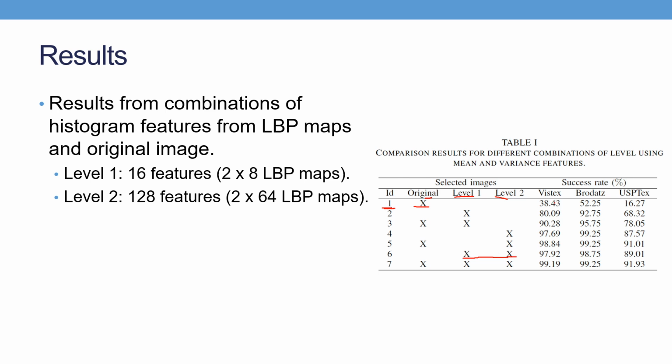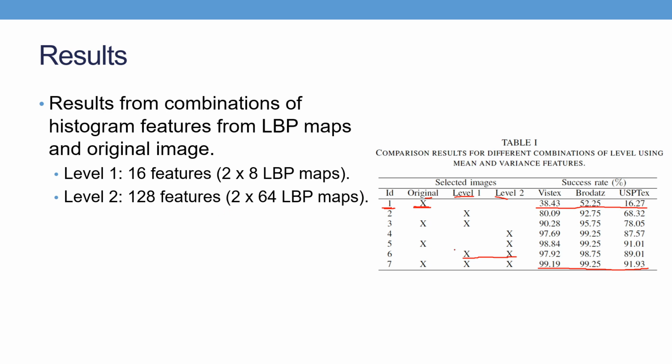So we see that by combining levels 1 and 2 we can improve results. Just mean and variance from the original image achieves a really poor result, and by combining these features we improve the feature vector both in size and accuracy.